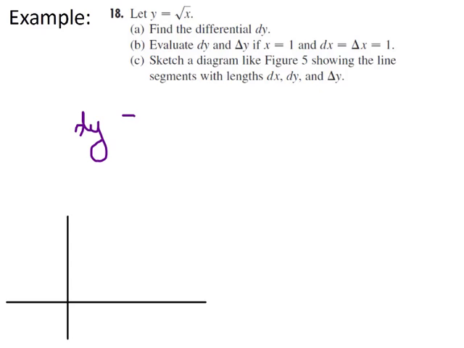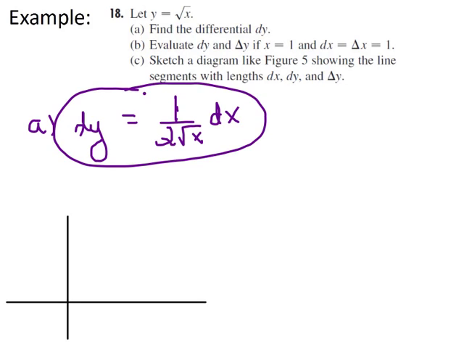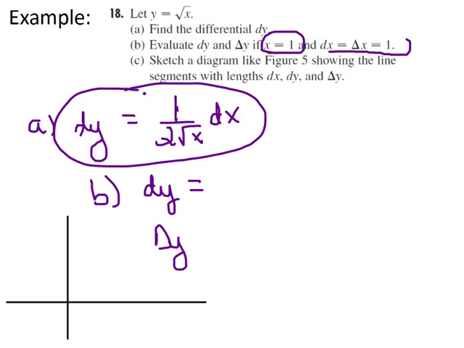So what's the differential going to be? dy equals the derivative of that function dx. That's it. That's all you need to do. Okay, so nothing new. Now evaluate dy and evaluate delta y if x equals 1 and dx and delta x, which are the same, both equal 1.